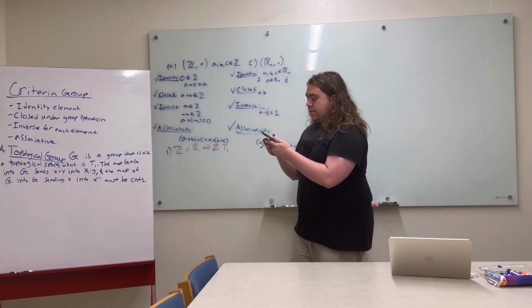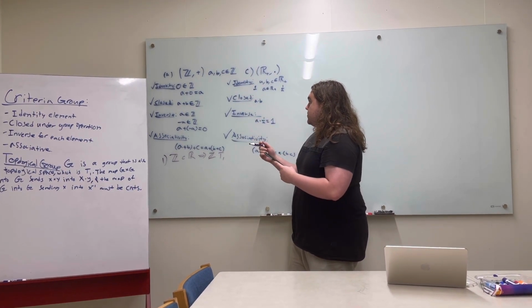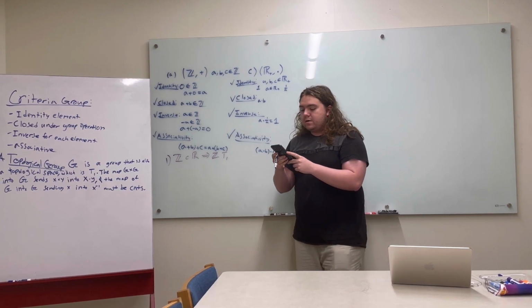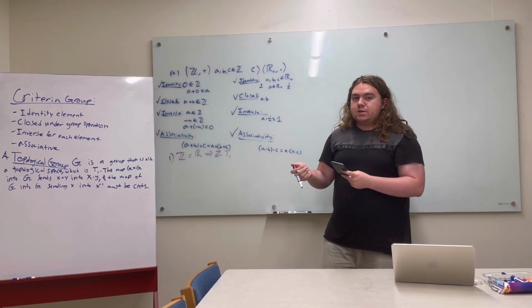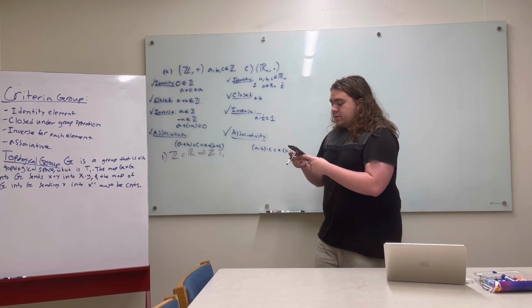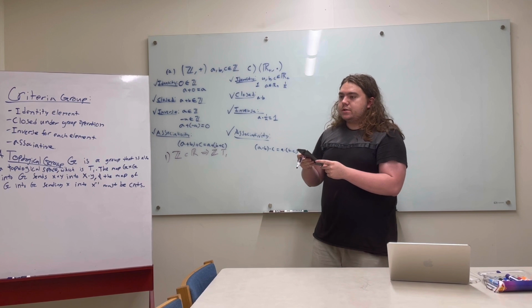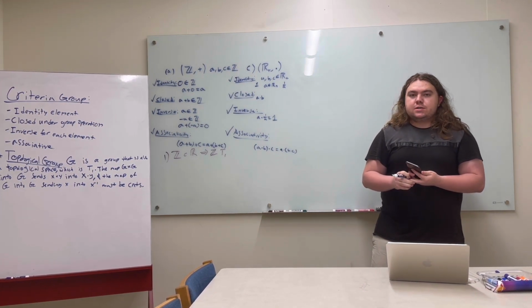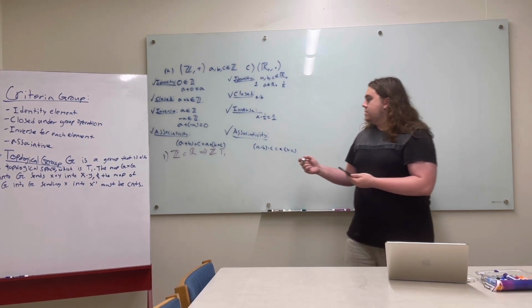Secondly, we need to show that the operation, sending Z cross Z into Z, where we send 2 points A and B into A plus B, is continuous. And we will show that via theorem 21.4, which shows that addition with the real numbers is continuous.